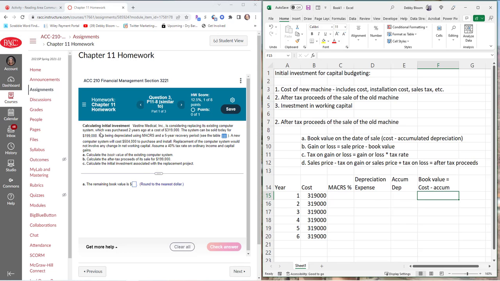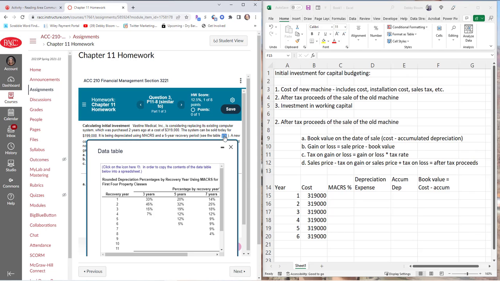We were told that the machine was purchased 2 years ago, so technically we really only have to go down to year 2, but in Excel it's really easy to go down the entire 6-year period. So I'm going to look up my MACRS percentages, and notice for 5 years it is 6 years, because year 1 is a half of a year, and year 6 is a half of a year.